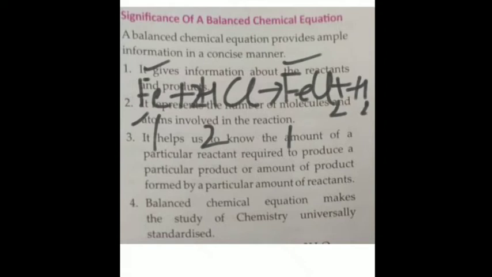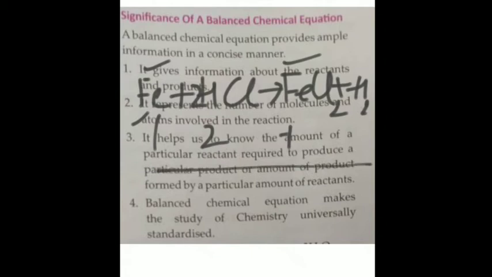What is formed? 1 molecule of FeCl2 and 1 molecule of hydrogen. Is it clear? So it helps us to know the amount of a particular reactant required to produce a particular product, or the amount of product formed by a particular amount of reactant.